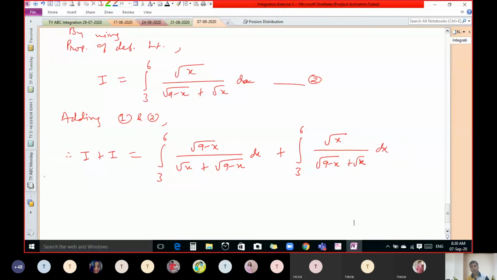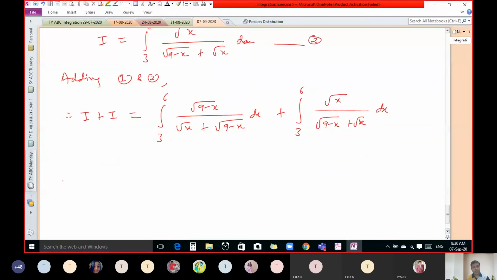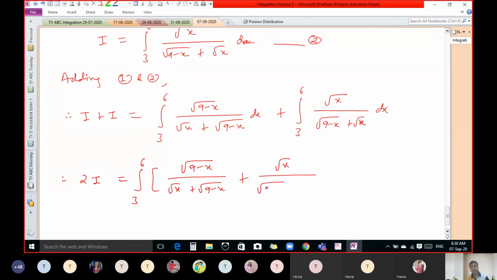The left hand side, I plus I, means 2 times I. And now see, the range is the same, 3 to 6. So you can write this as 3 to 6, the first function root 9 minus x upon root x plus root 9 minus x, plus root x upon root 9 minus x plus root x, dx.